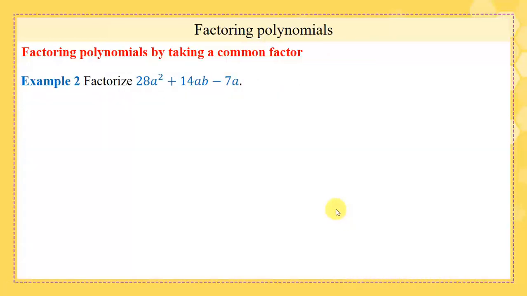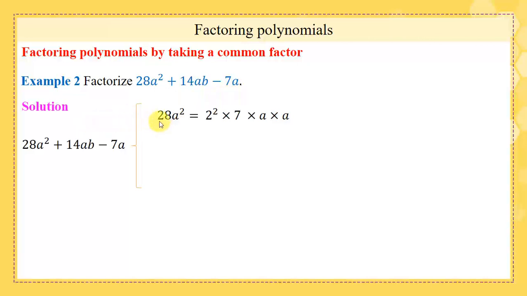Example 2. Factorize 28a squared plus 14ab minus 7a. Solution. Let us decompose each monomial aside. 28a squared equals 2 squared times 7 times a times a. 14ab equals 2 times 7 times a times b. 7a equals 7 times a.